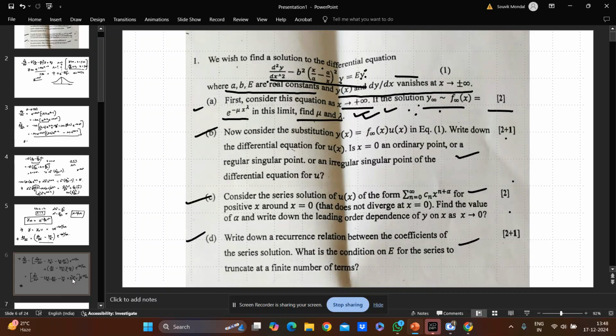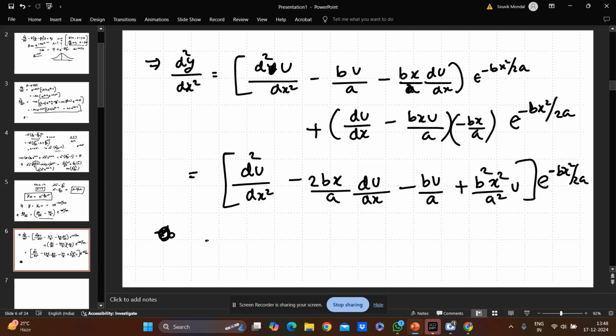So you have to subtract minus b square into x square by a square, and there is also u, so e to the power minus bx square by 2a is already there, and minus e into u.